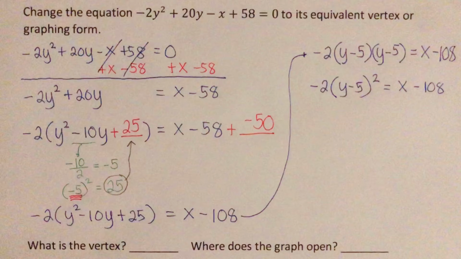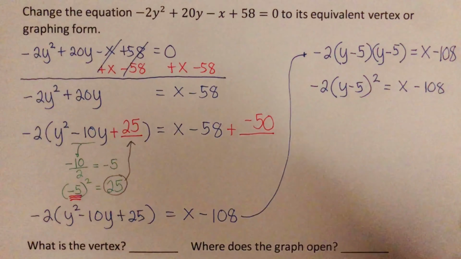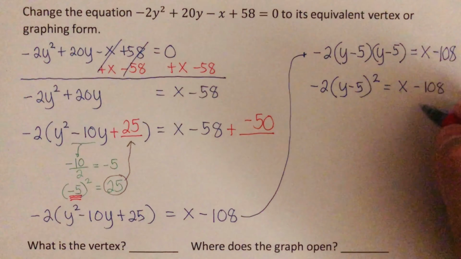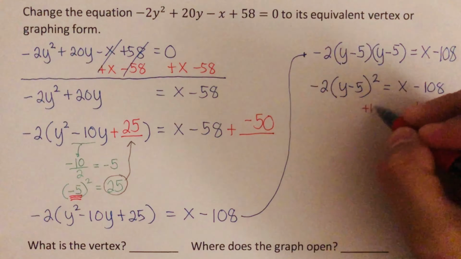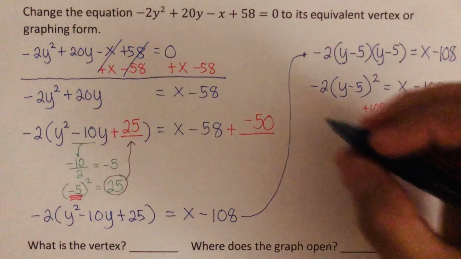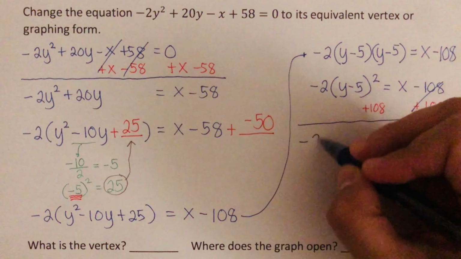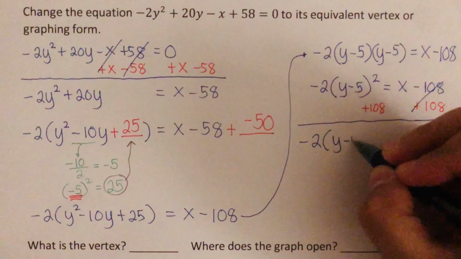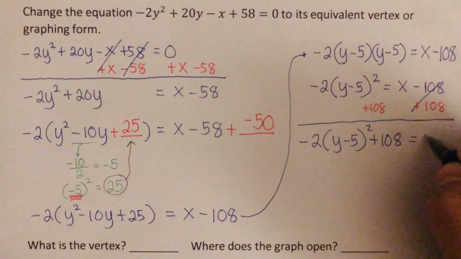So then we want the x by itself, so we can have the graphing form or the vertex form. So then we can go ahead and add 108 to both sides. So that's plus 108 plus 108. So then we can cross the 108 out. So we're left with -2 parentheses y -5 squared plus 108 is equal to x.